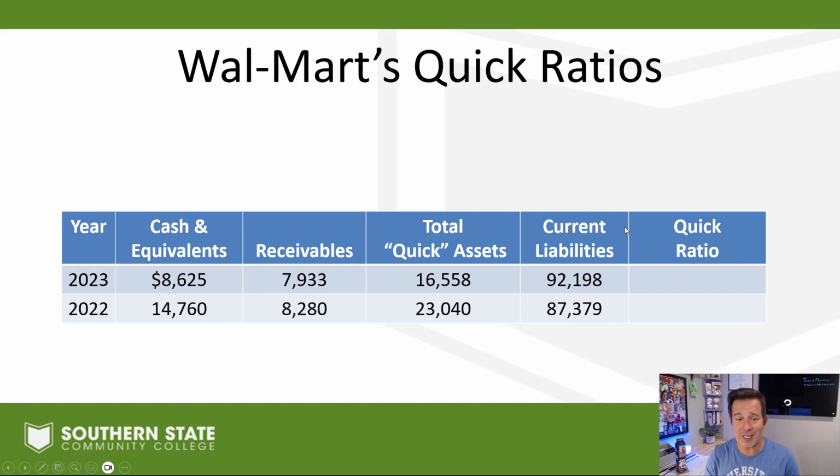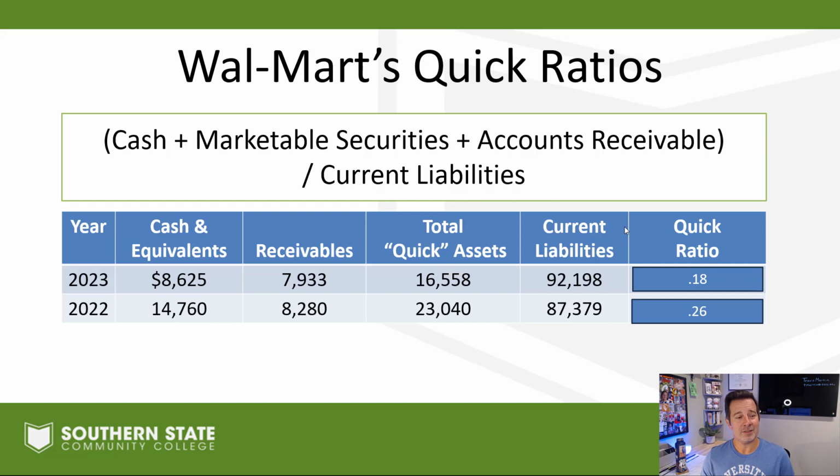And so go ahead, take a second, pause the video, do your math. If you've done that, hopefully you come up with 0.18 for 2023 and 0.26 for 2022. And so again, we've taken cash, marketable securities, and accounts receivable and divided them by current liabilities. A real simple calculation.